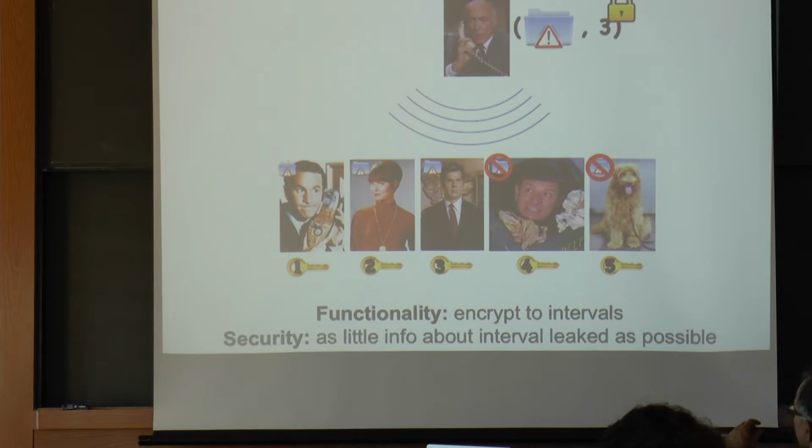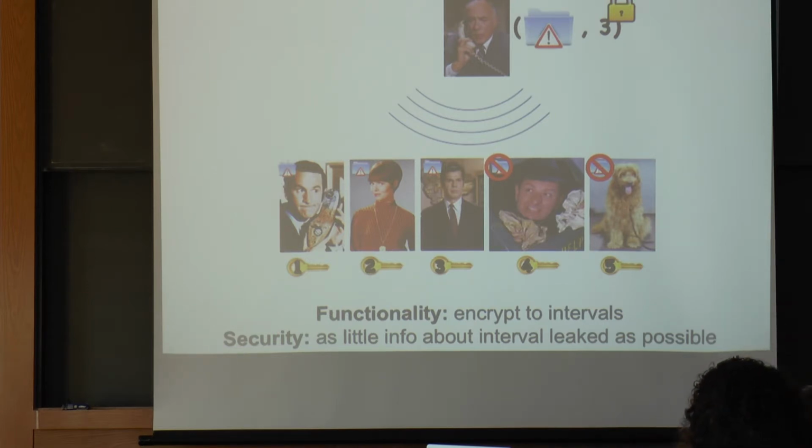And then for security, we have basic semantic security requirements that say those who are not supposed to receive the message cannot. But we actually also want to hide the interval itself as much as possible. Clearly this guy learns some information about the interval just by virtue of being able to decrypt. He learns that the interval at least included him.